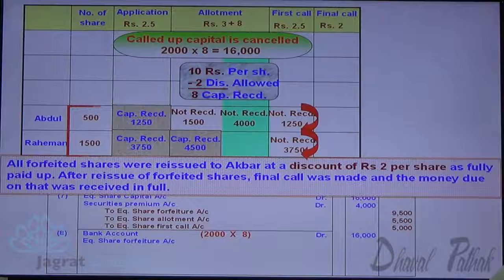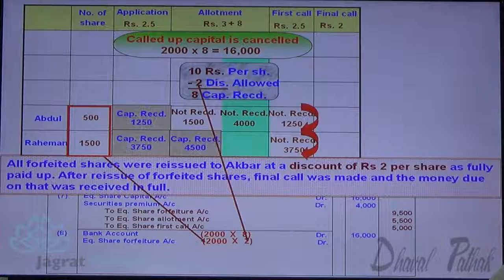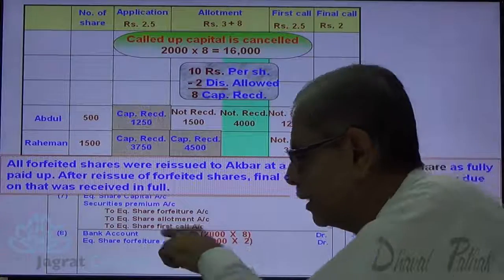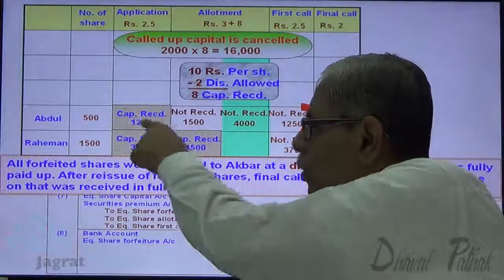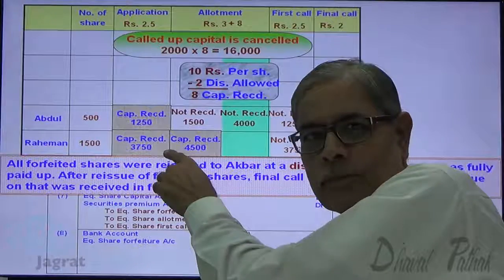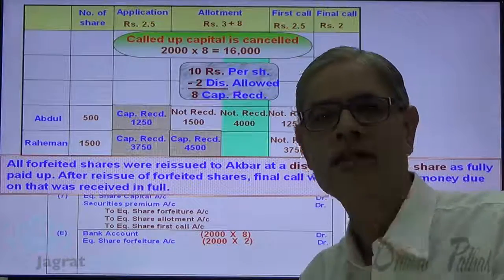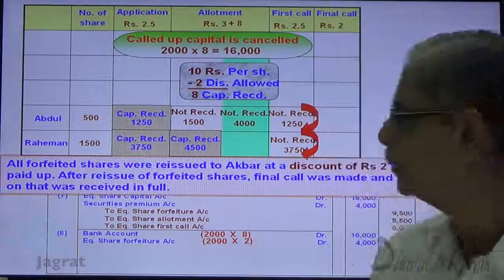Bank account debit, 2000 into reissue discount, 2 per share, 4,000. This reissue discount is granted out of this forfeiture income. So from this forfeiture income, this reissue discount will be deducted and balance will be transferred to capital reserve.